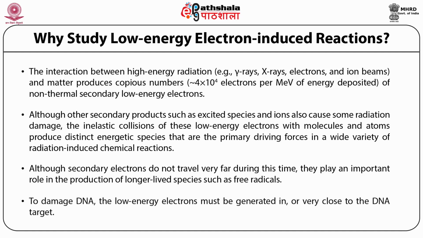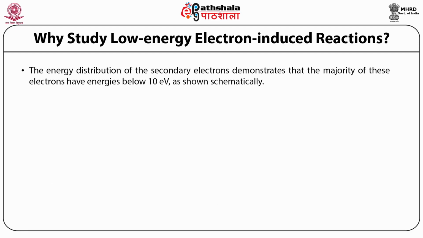To damage DNA, the low energy electron must be generated in or very close to the DNA target. The energy distribution of the secondary electrons demonstrates that the majority of these electrons have energy below 10 electron volts.